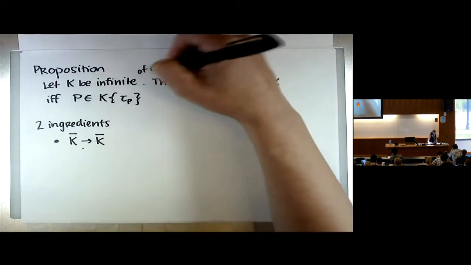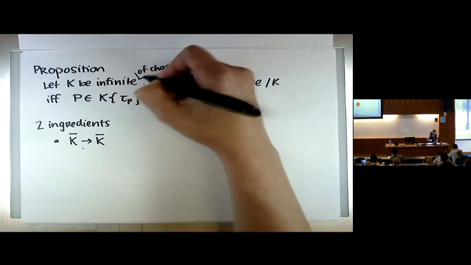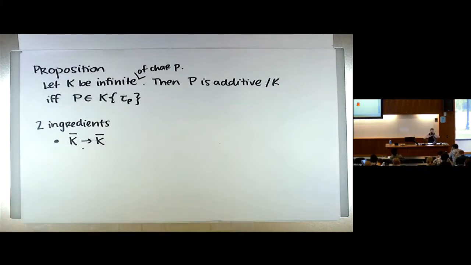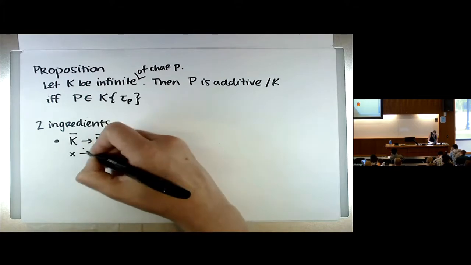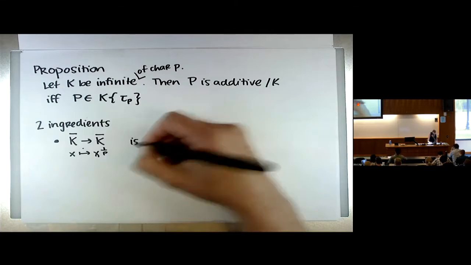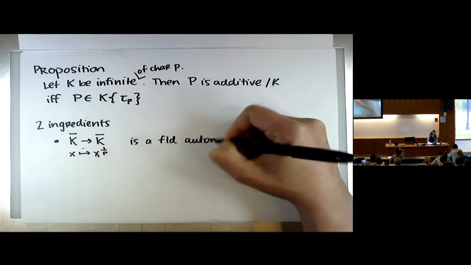From now on, I'm always in characteristic p. Okay, so same K, infinite of characteristic p, but now I want an algebraic closure. So the map sending x to x to the 1 over p is a field automorphism.